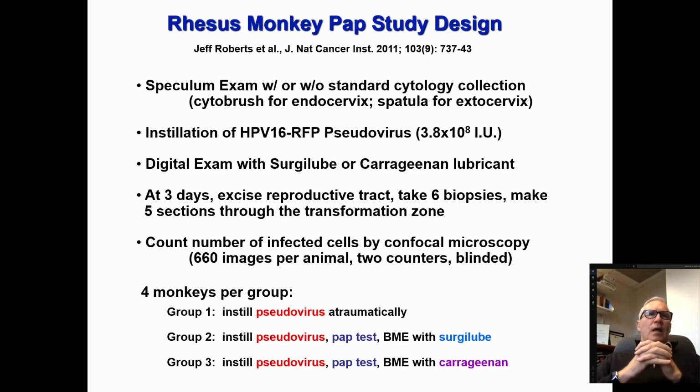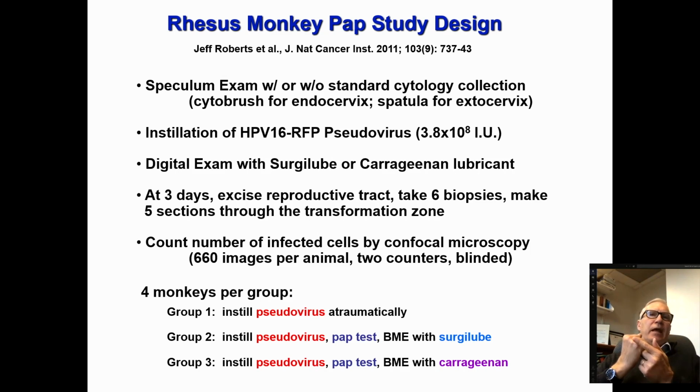And then Jeff did a standard digital exam, and he did it by using one of two lubricants on his glove. One Surgilube, which is the one that's normally used, at least here in the United States, or he used carrageenan, which I think many of you know is an HPV infection inhibitor, which we had shown is a very strong inhibitor of infection both in vitro and also in the mouse model.